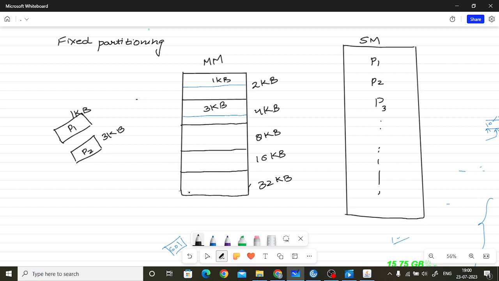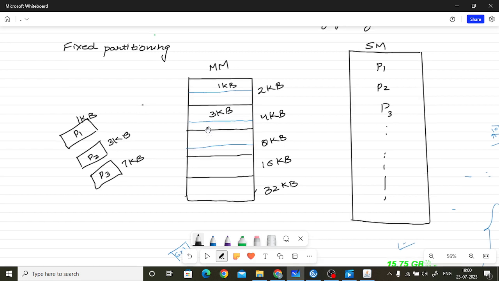Suppose we have process P3 of size 7 KB; it will occupy the 8 KB partition.